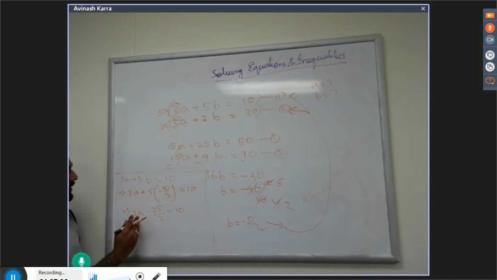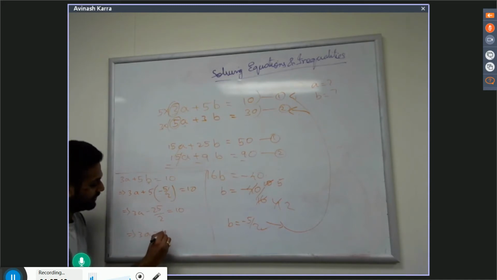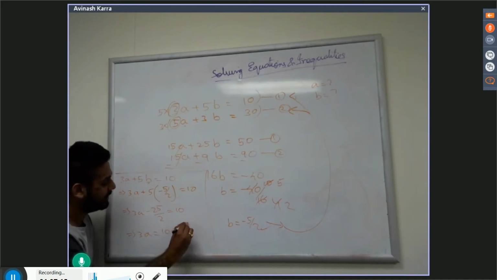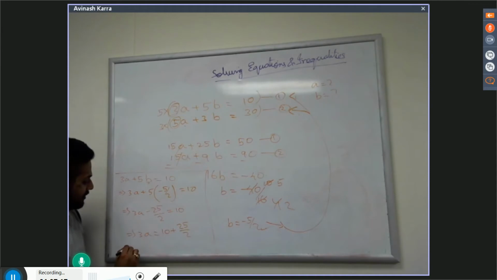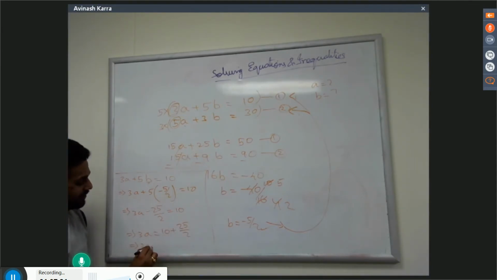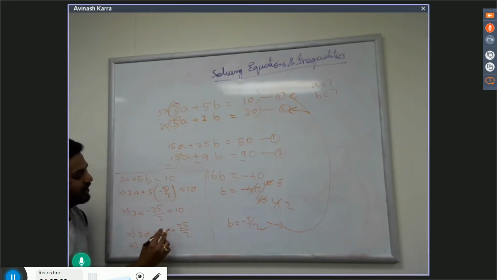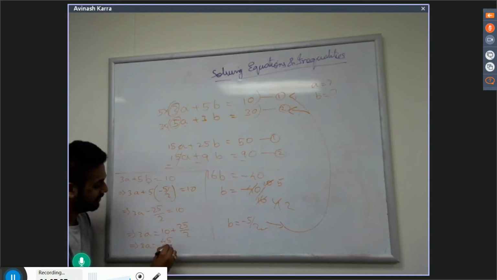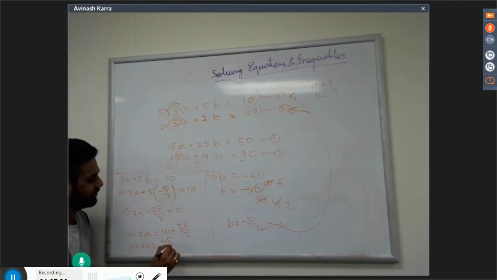Now, I'm making all the variables on one side and constants on the other side. So 3a is equal to 10 plus 25 by 2. So 3a is equal to 20 plus 25, 45 by 2.